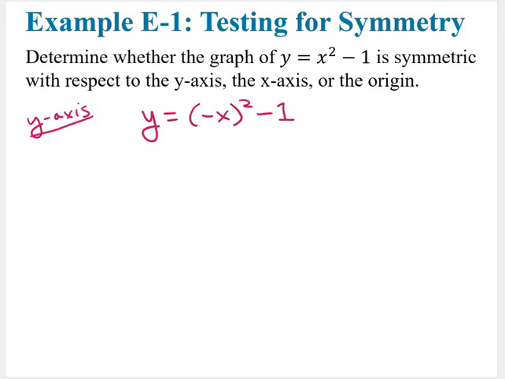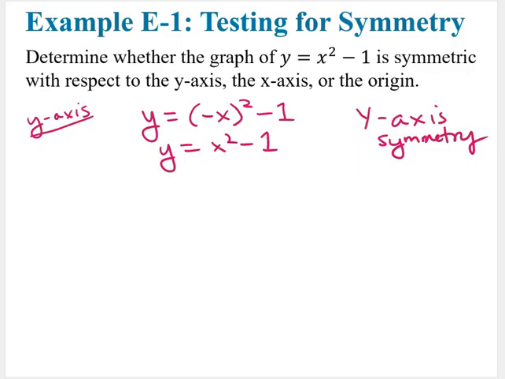So every place you see an x, put a set of parentheses, plug in negative x. If I clean that up, notice it comes out exactly the same as the function I started with. So this does have y-axis symmetry. If I were to graph this, I would be able to fold it right over that y-axis and it would land right on top of each other.